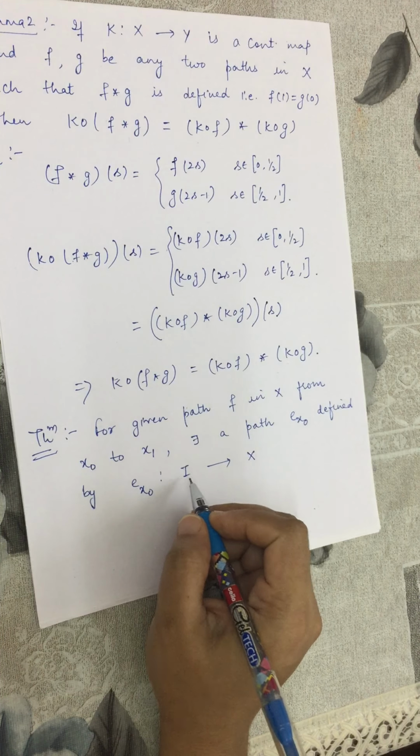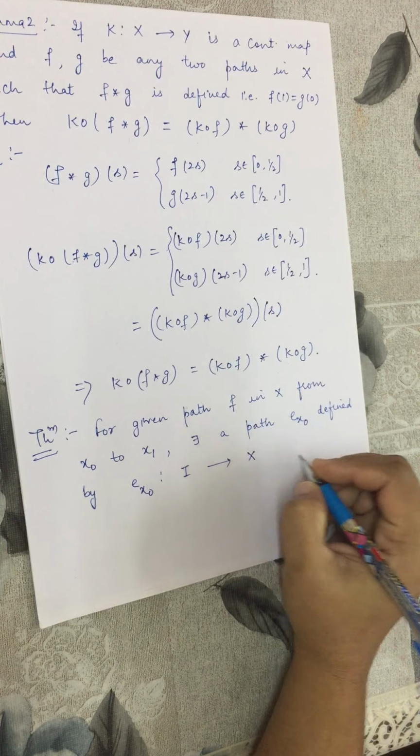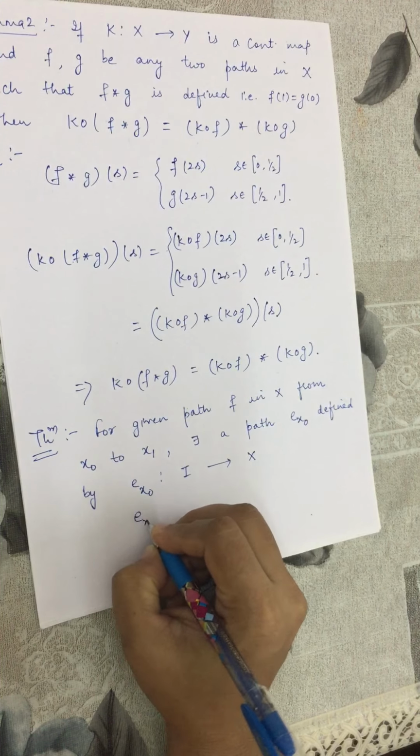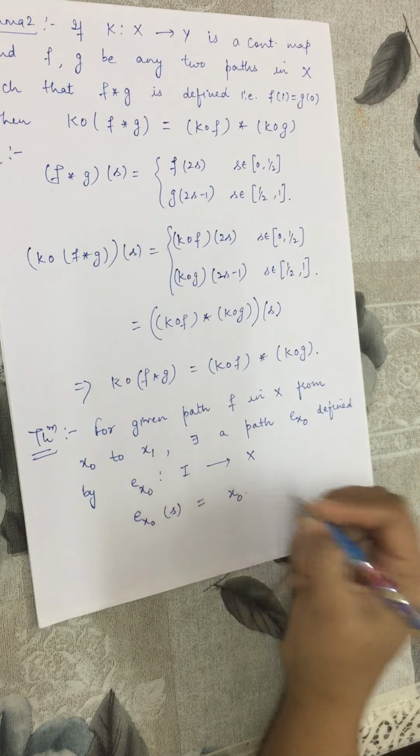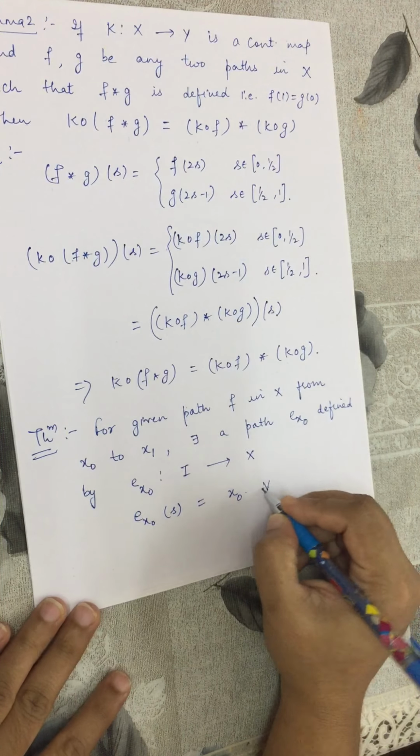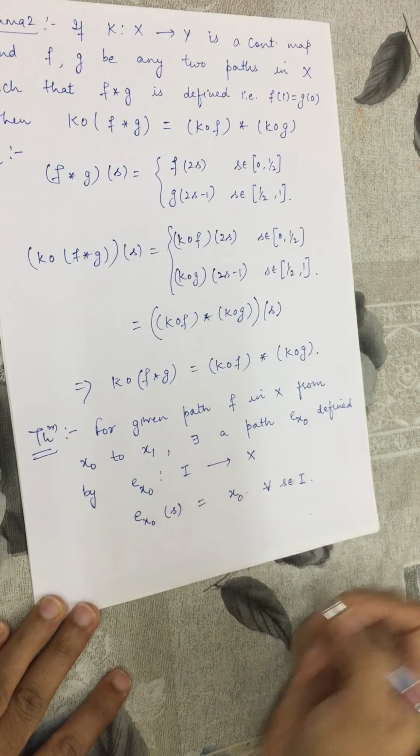So it is a function from I to X and defined by e x0 at every s is a constant path which gives x0 at every s in I.